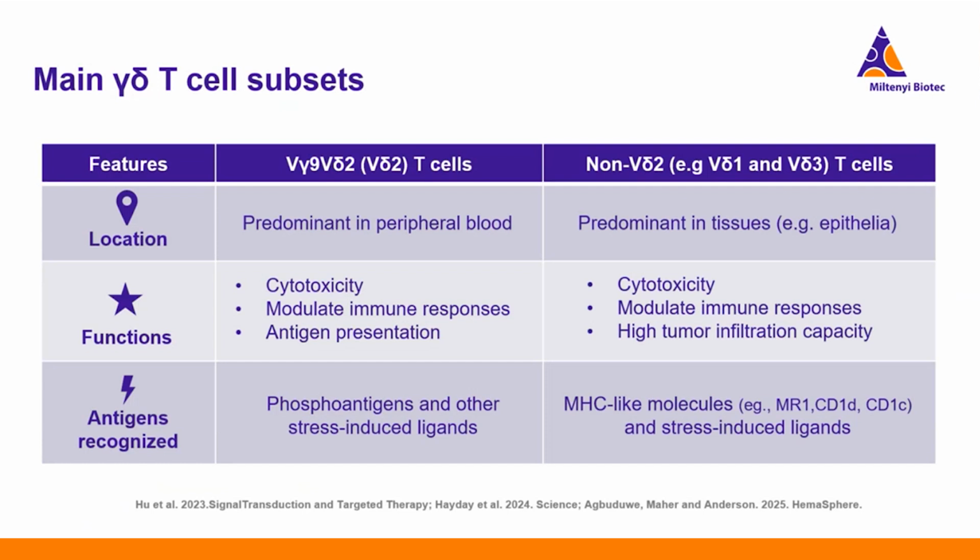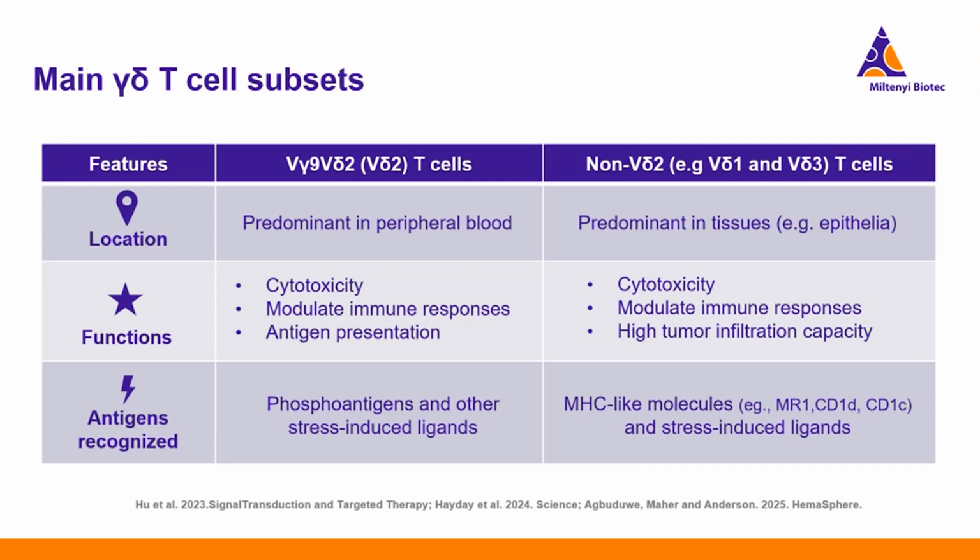On the other hand, the non-V delta 2 gamma delta T cells, where we have the V delta 1 and delta 3, are preferentially found in tissues such as epithelia. Similarly to the delta 2s, they express different cytotoxicity functions, and they can also modulate immune responses.